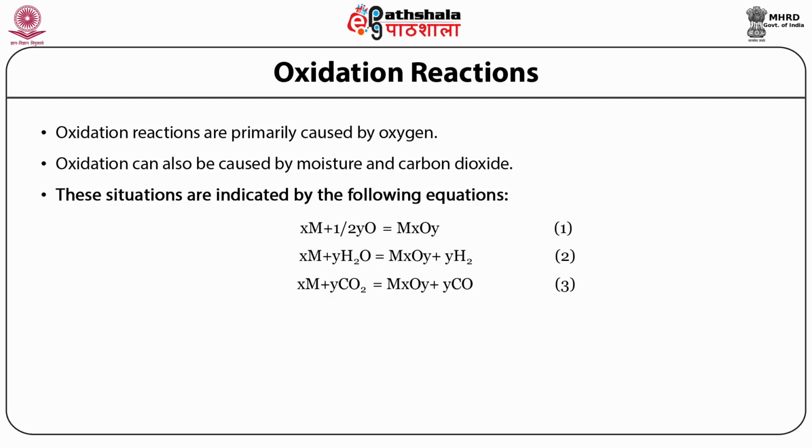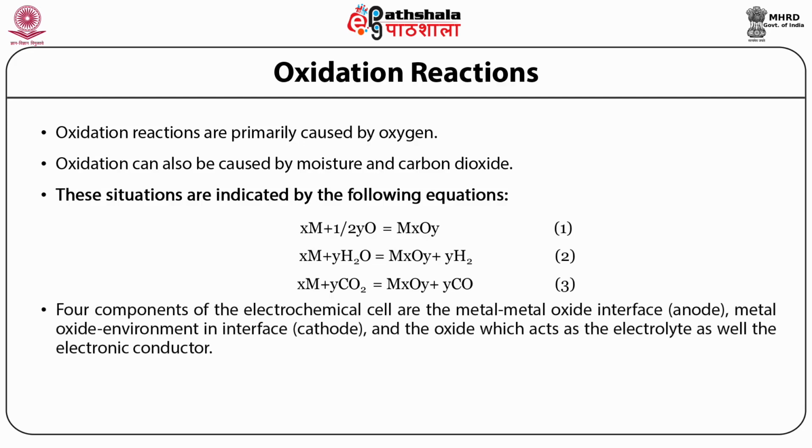Recollect that oxidation is electrochemical in nature. To recollect the important points, the four components of the electrochemical cell are the metal-metal oxide interface as anode, the metal oxide-environment interface as cathode, and the oxide, which acts as the electrolyte as well as the electronic conductor.